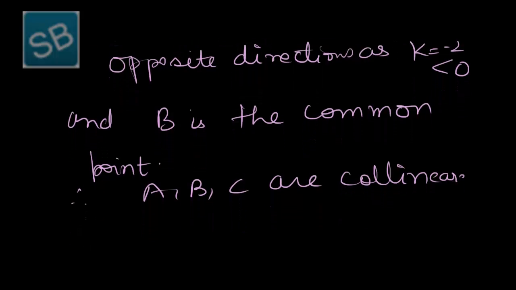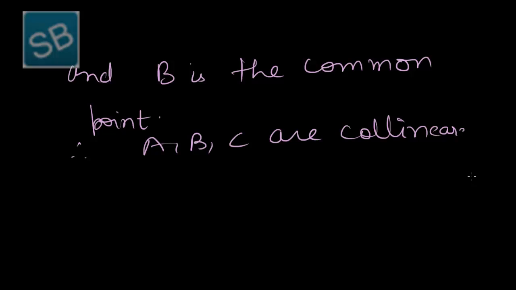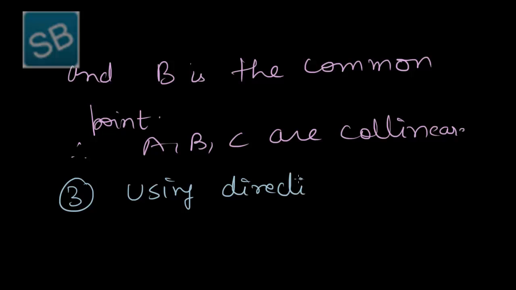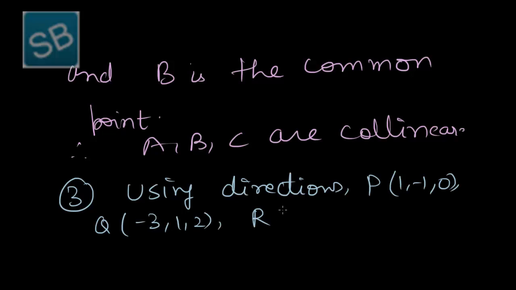Next, we discuss the case in R cube geometry, that is in three-dimensional space. So using directions, check whether P with coordinate (1, minus 1, 0), Q with coordinate (minus 3, 1, 2), and R with coordinate (minus 1, 0, 1) are collinear.